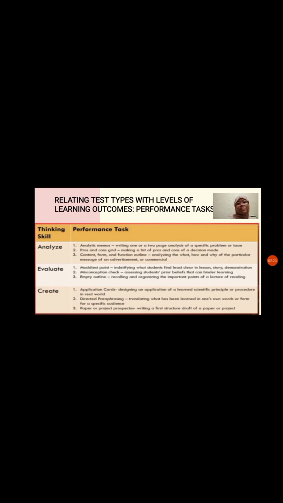Then the third and the last thinking skill is create. You may ask them to write application cards, like designing an application of a learned scientific principle or procedure in the real world. Second, directed paraphrasing, like translating what has been learned in one's own words or form for a specific audience.